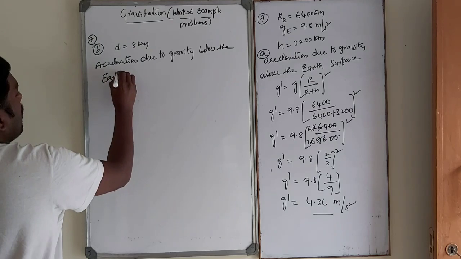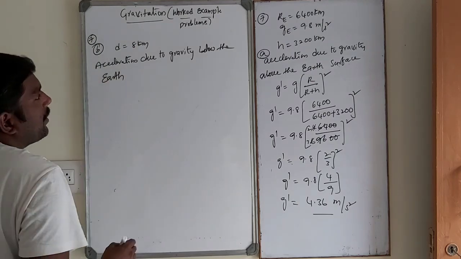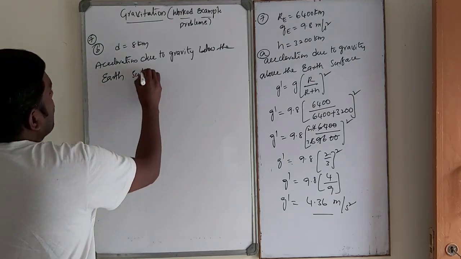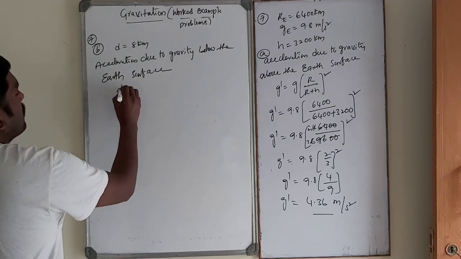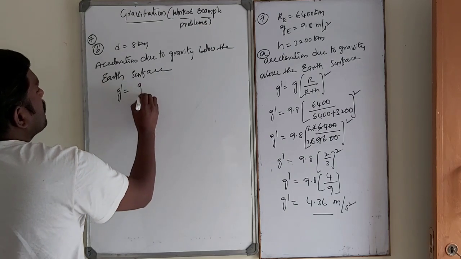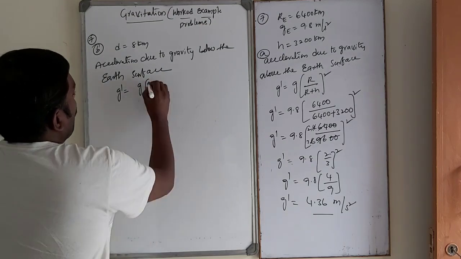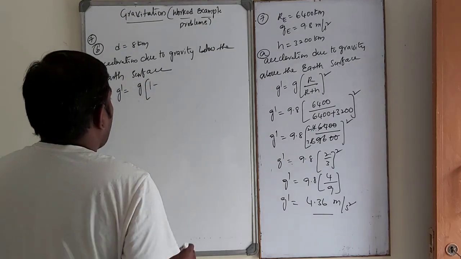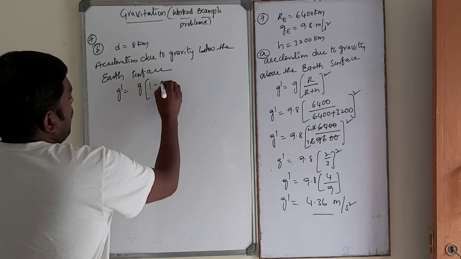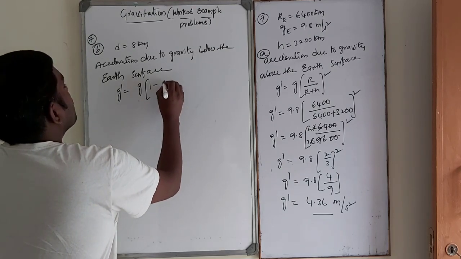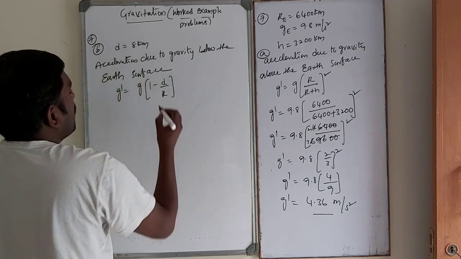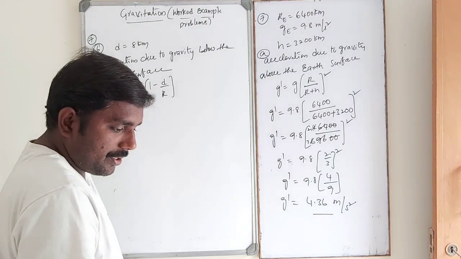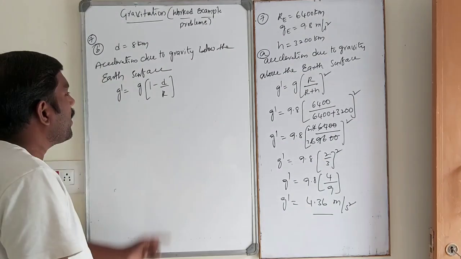Already we know the formula. Below the Earth's surface, g dash is equal to g times the bracket of 1 minus d by R.